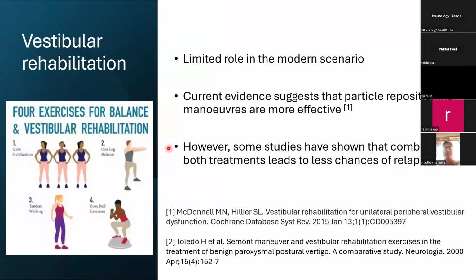And what about the role of vestibular rehabilitation? How long do we need to give betahistine? It is not actually recommended routinely in BPPV. On a case-to-case basis, maybe a few days, 3 days, is more than sufficient.